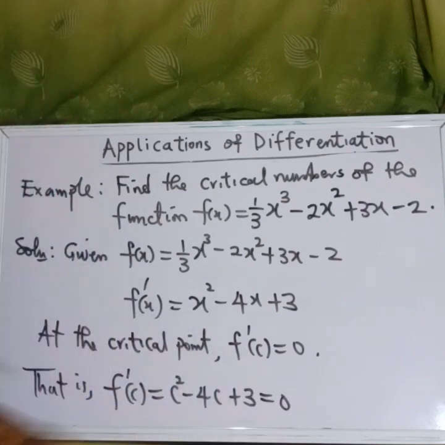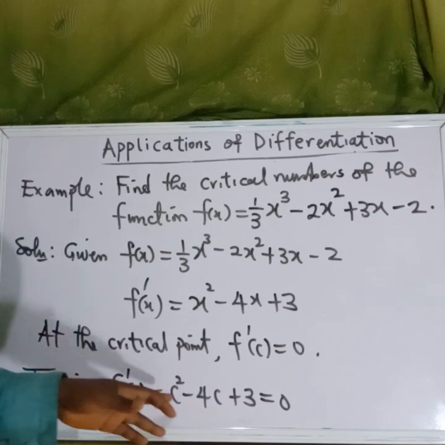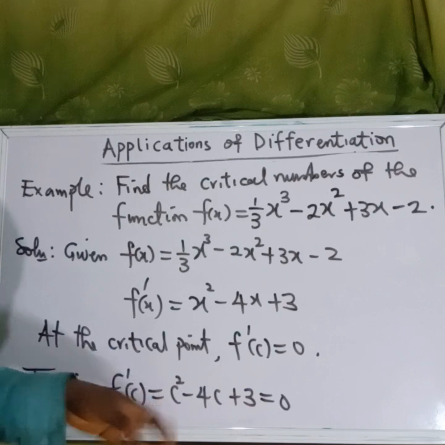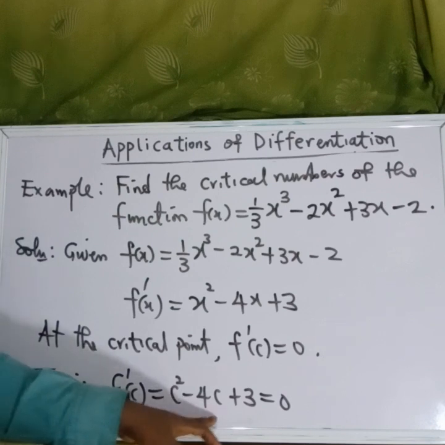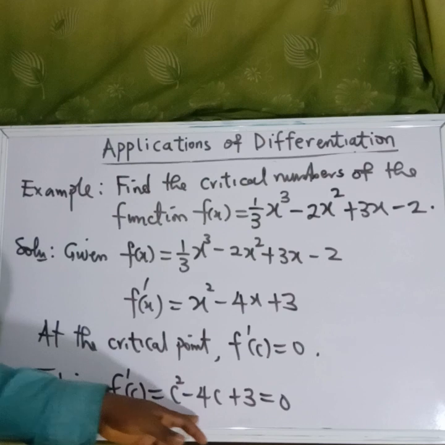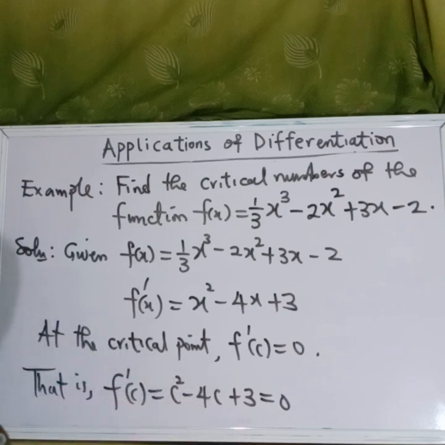The derivative here is a quadratic equation, and this means we have two roots, which are equivalent to the turning points or the critical numbers we are referring to. In order to solve this, one can adopt the factorization method.